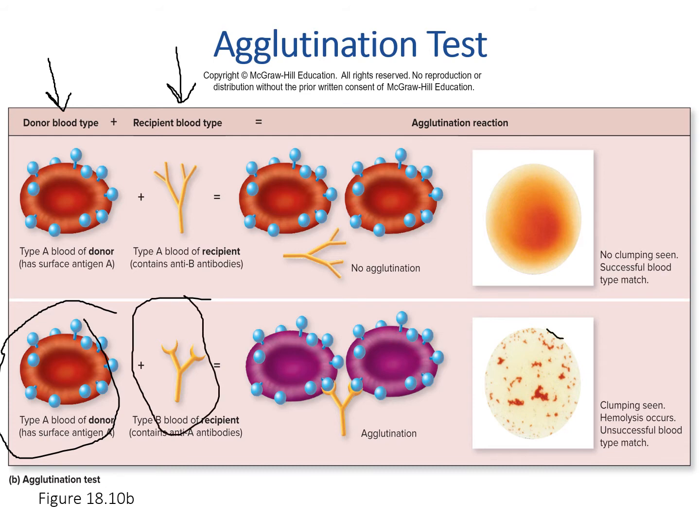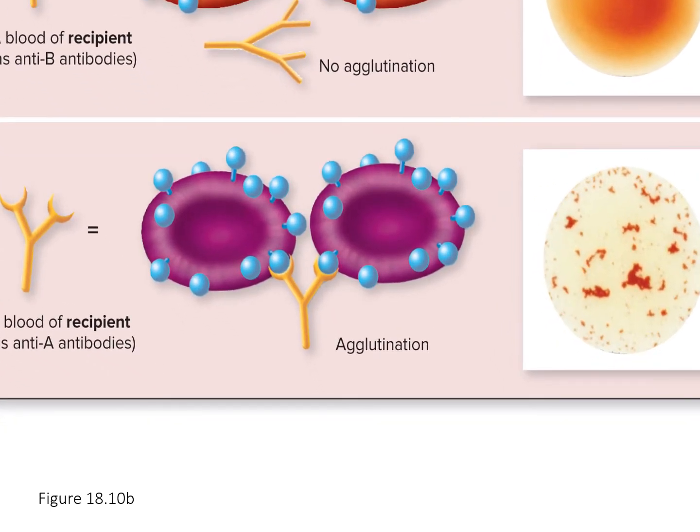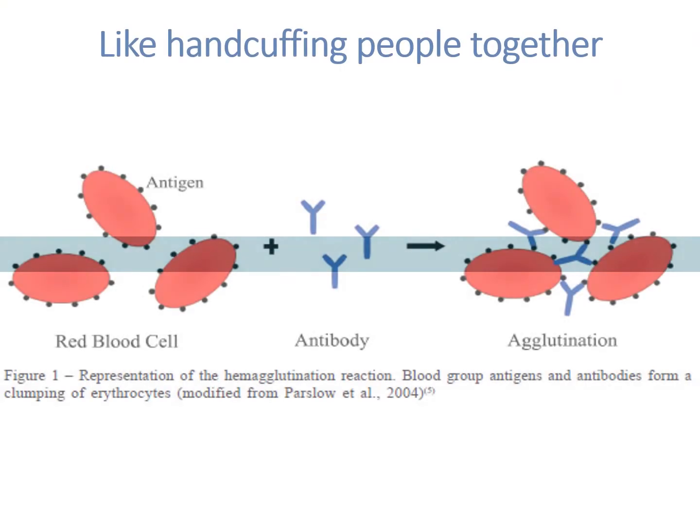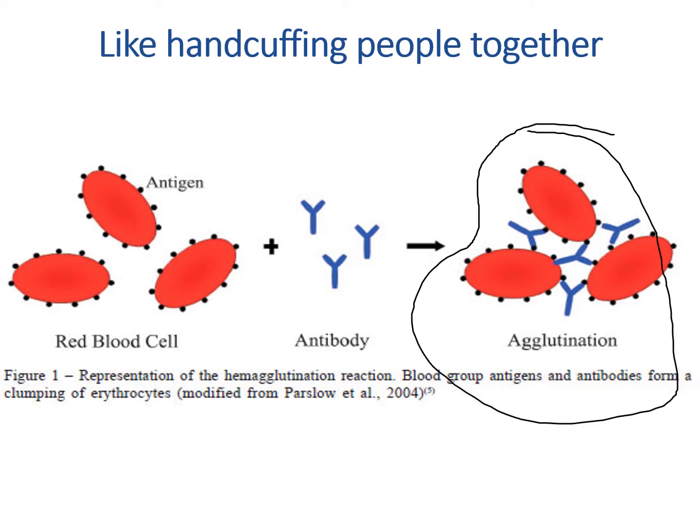And if there happens to be a clumping reaction, then they will not give you this blood. If there is no clumping, then they will give you the blood. So they actually do this test before they give you the blood. This is called agglutination, where it's like handcuffing these together. So if you get the wrong blood type, this could happen, agglutination.